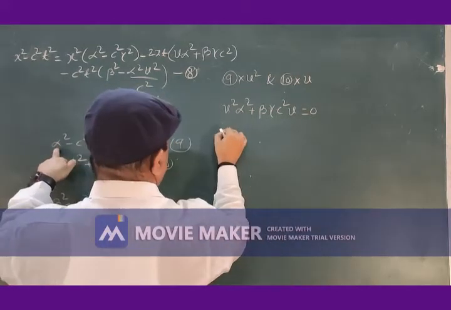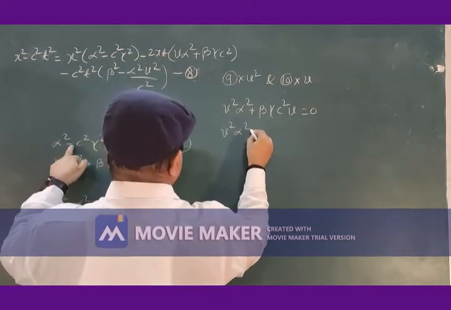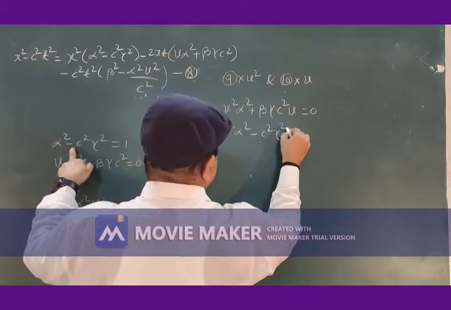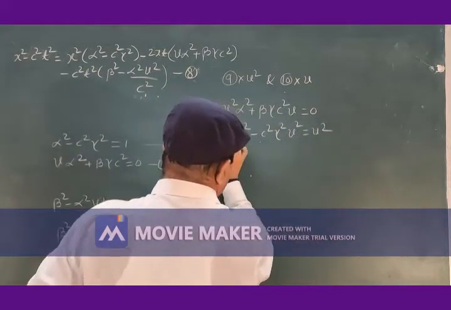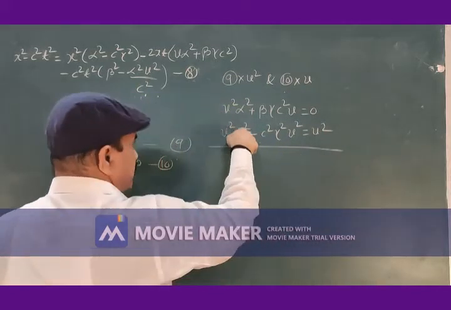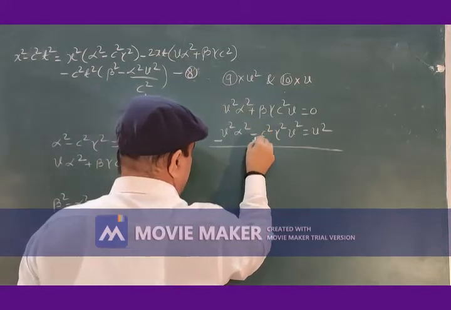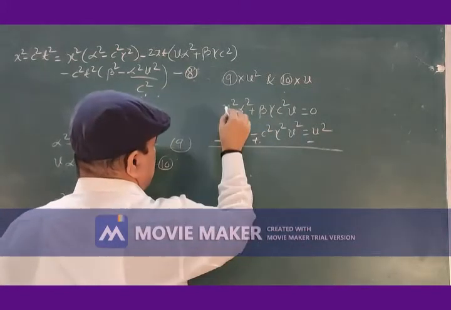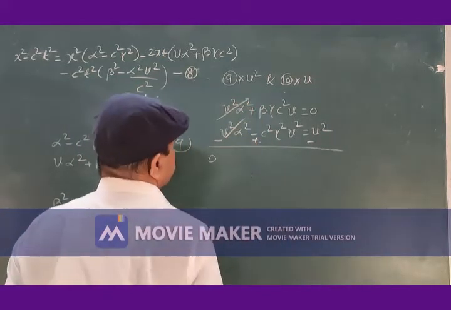Multiplying 9 by v square, alpha square v square minus c square gamma square v square is equal to v square. We have to subtract this equation from this. So plus will become minus, minus will become plus. These two will become 0.